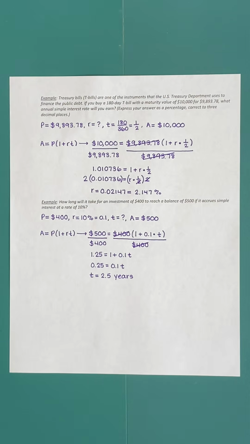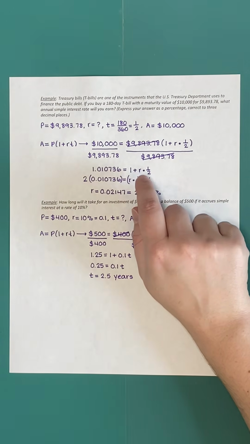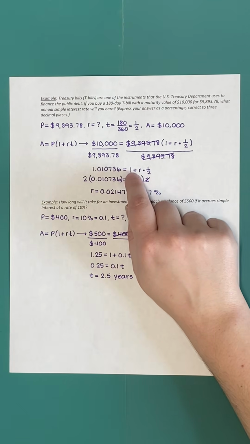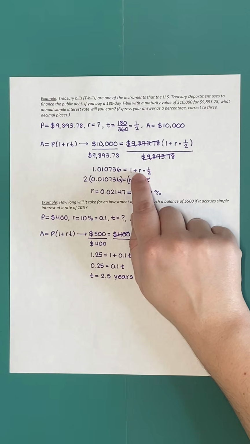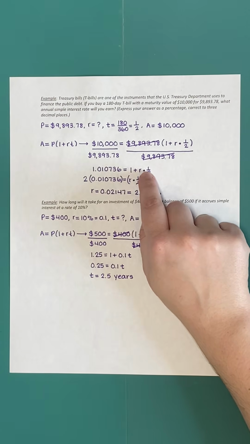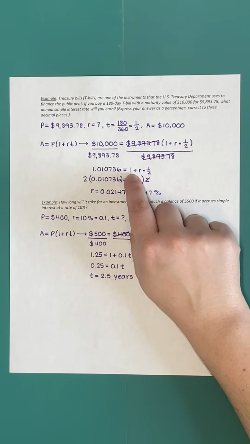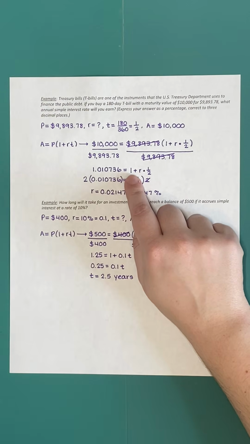So now that everything is simplified as far as it can be, we want to look again at the side containing r, and we want to see what else we can do. So the last things remaining are the multiplication and the addition in that particular order. If we were to apply operations to r, we would multiply and then we would add a 1. That means if we want to isolate r, again, we're going to work backwards.